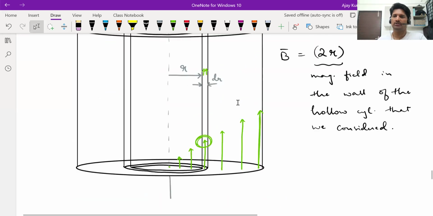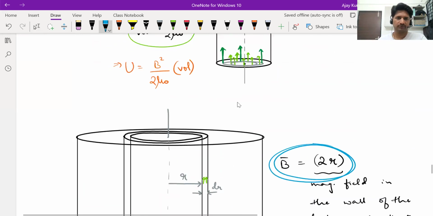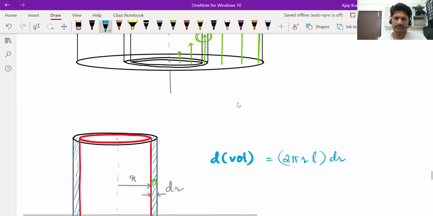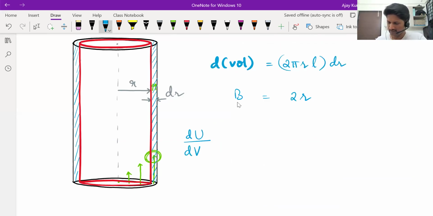And in this volume, there is a magnetic field of 2r present. 2 root x square plus y square means 2r. The volume is 2 pi r L dr. Now we know energy per unit volume, dU by dV, is equal to B square by 2 mu naught.